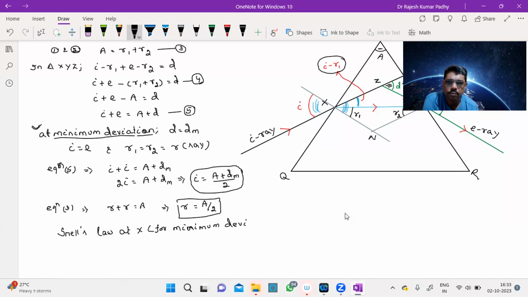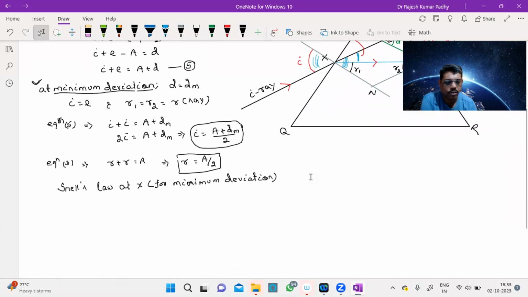Snell's law at X, refraction at the first surface: sine I by sine R1, and for minimum deviation, R1 equals R. Sine I by sine R is equal to mu.